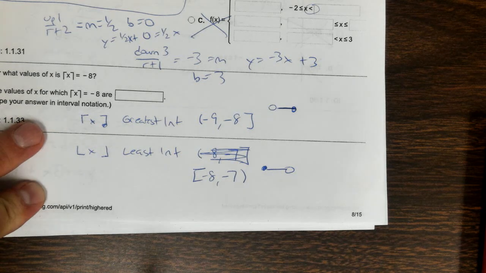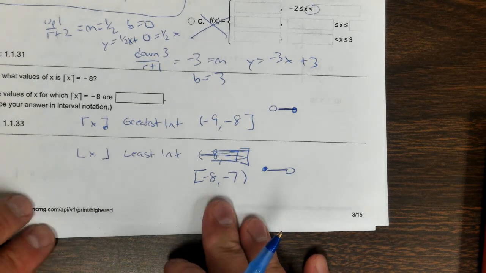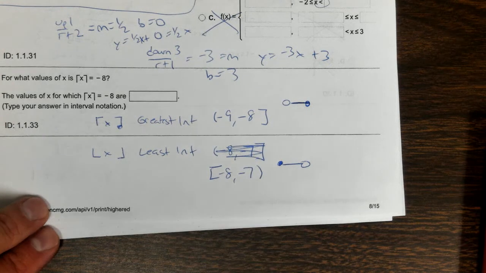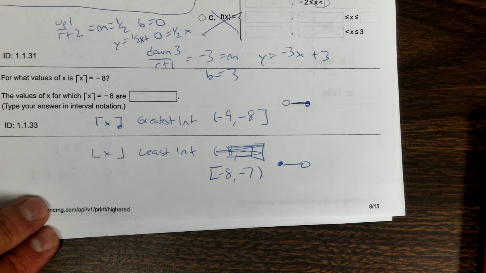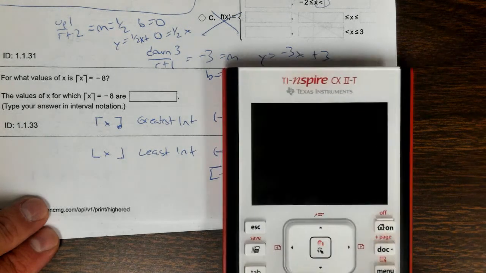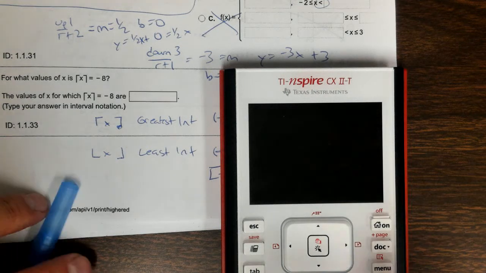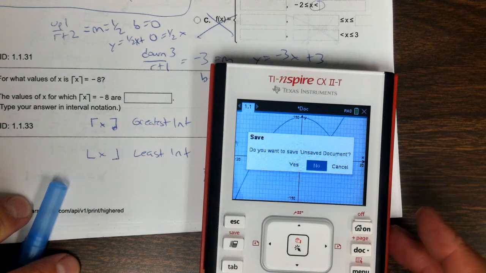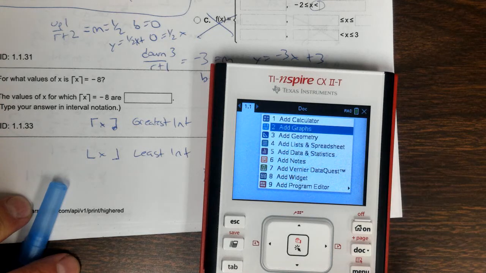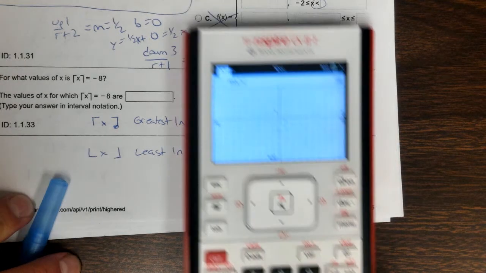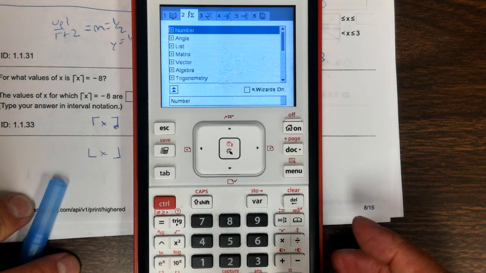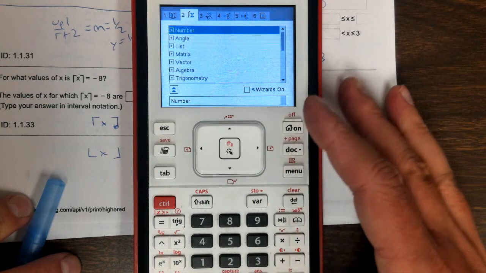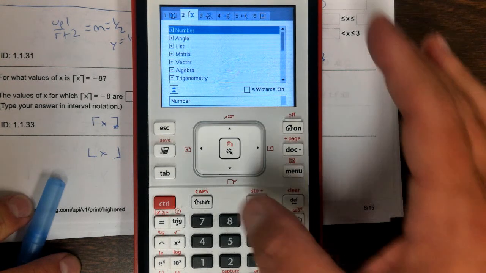But I'm just going to leave that there for now, because I'm not a big fan of greatest and least integer, because I don't know how to do it on the calculator. I bet you could do it in the menu. If you just do the open book, and if I go to the G's, okay, no, can't do that.